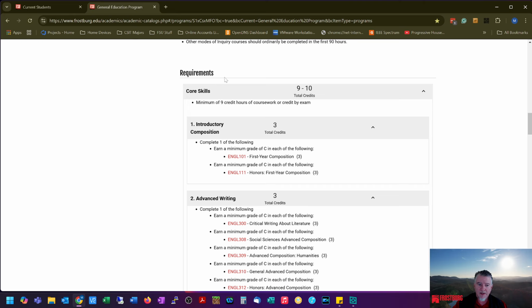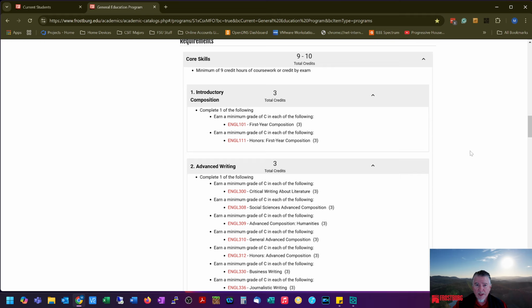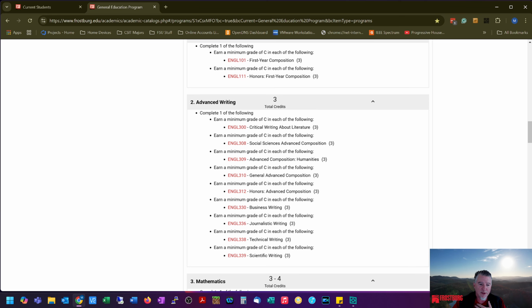I am going to take a minute and explain each of these because there is sometimes confusion within these. Keep in mind that while we can double dip across a major and the GEP, we can never double dip on courses within the general education program or within the major. And when I say double dip, that means making one class, for example, English 338 in our case, count in both the GEP and the major.